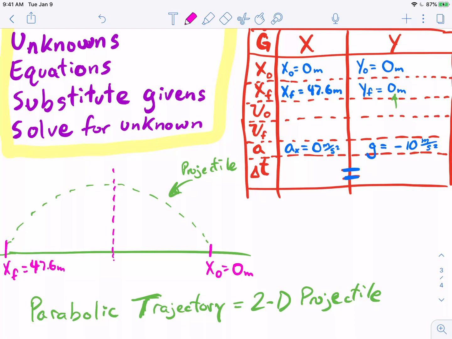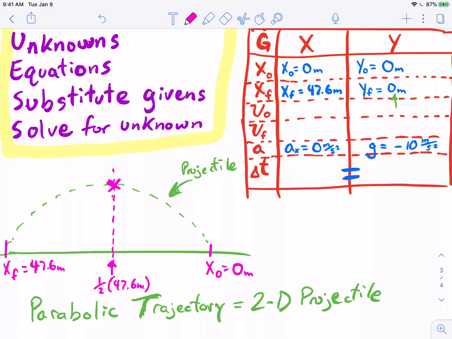So right in the middle, this middle spot here, that is going to be exactly 1/2 of the way. Okay, it's going to be exactly 1/2 of 47.6 meters.